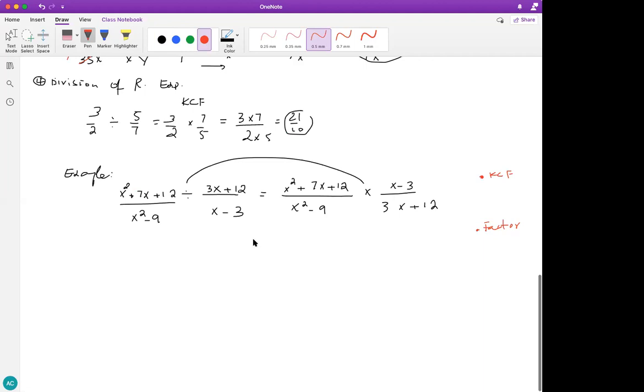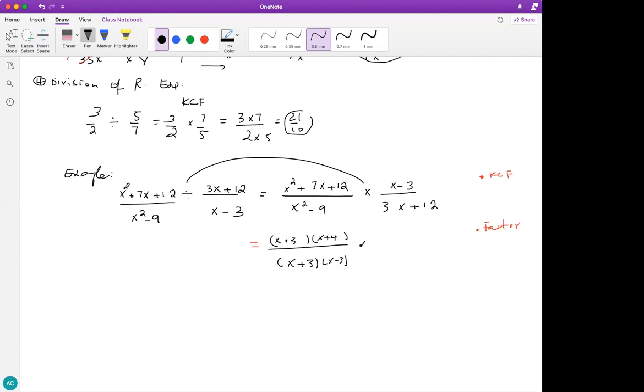What would this be? Two numbers that multiply to 12 and add up to, what is it? x plus 3 and x plus 4. That's right. And over here, it will be x minus 3. I mean, yeah, x minus 3, that's the same thing.